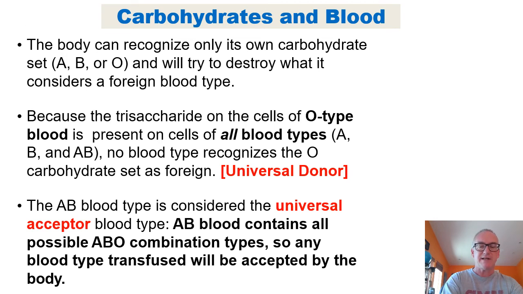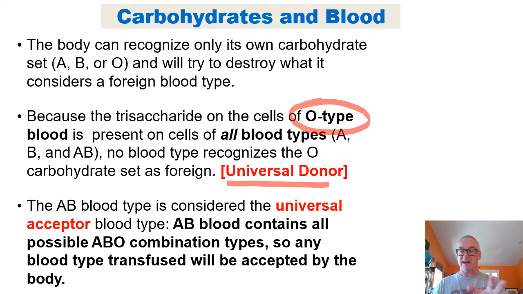So because the trisaccharide on O is the same as all the other trisaccharides on O, A, B, and AB, it's considered the universal donor, because all body types recognize that as, well, that's fine. It's got the basis of all the other groups, and so we call that the universal donor. So O blood can be given to anyone, and it's fine. Your body will not reject it.